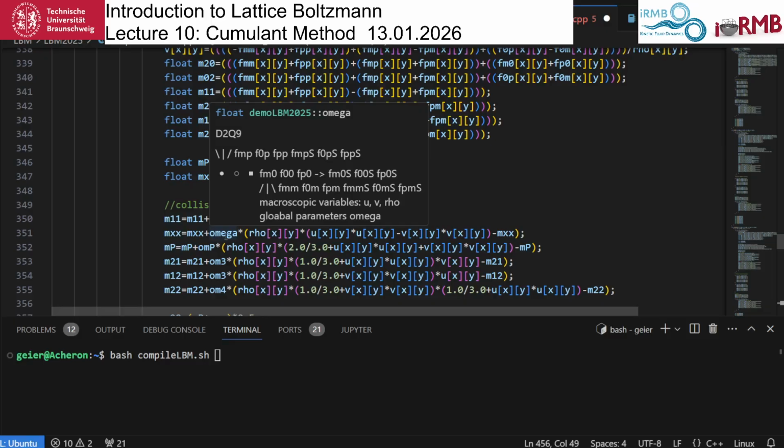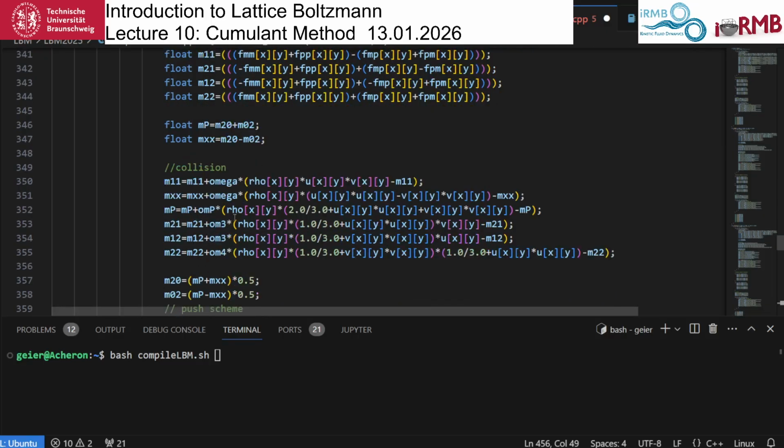So if we want to save some time now, we could leave the second order moments up to here in the format that they are, and we relax them like this. So we do a little bit of hybrid here and only care about the ones that are different. And the ones that are different would be the two third order moments and the fourth order moment, yeah. So we'll leave it at that.